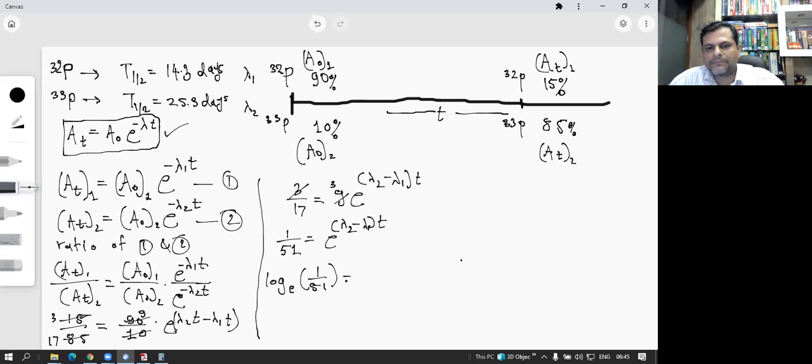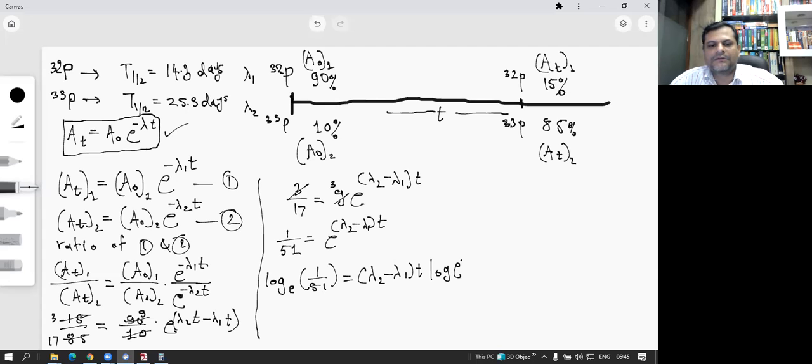If we take the log of the whole thing, the power will come in front. So you can just write it as lambda 2 minus lambda 1 into t into log of e, which is going to be 1. Since we have taken log to the base e, that will be 1.